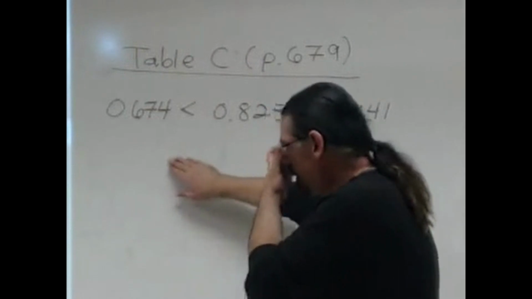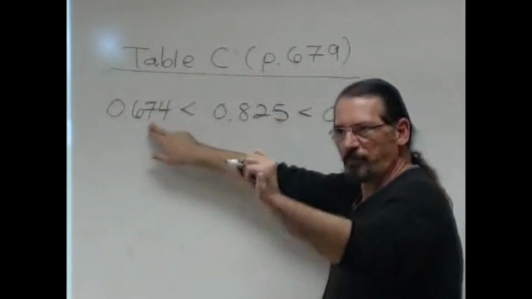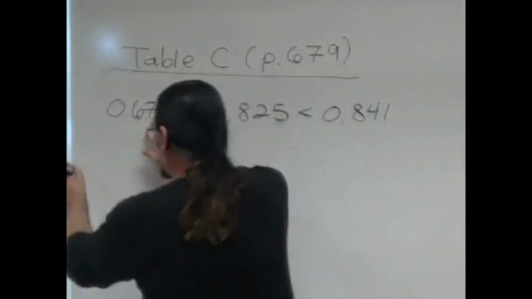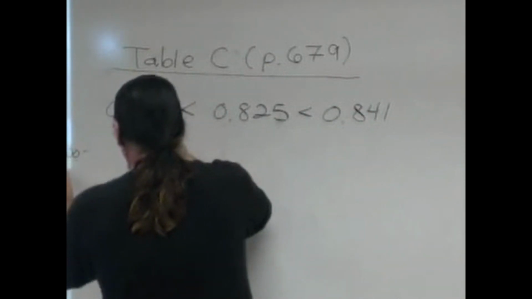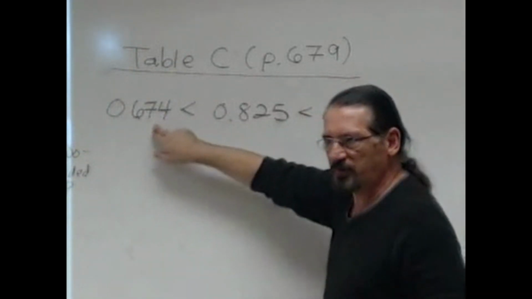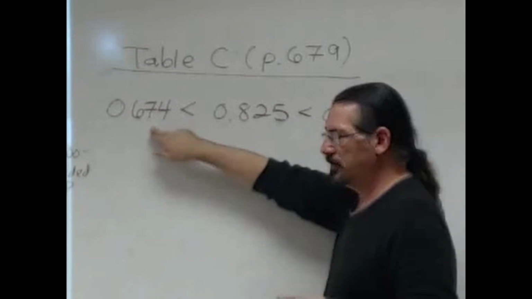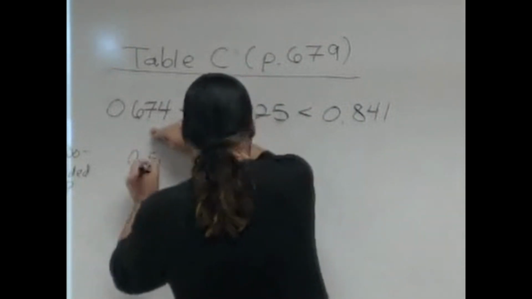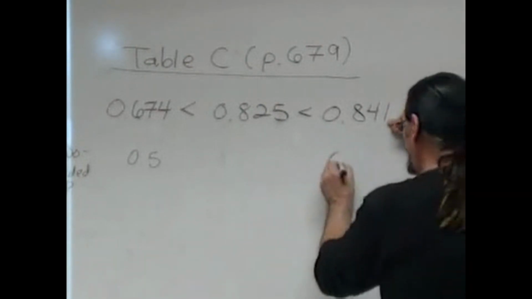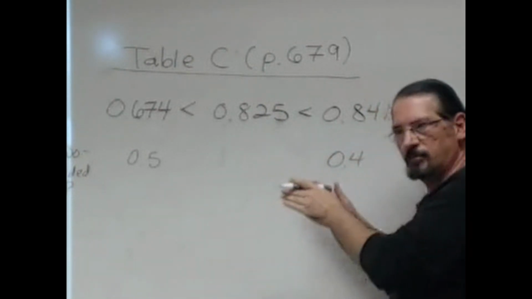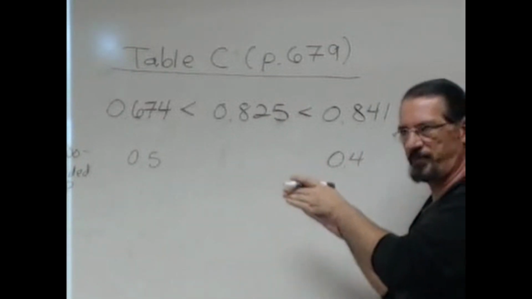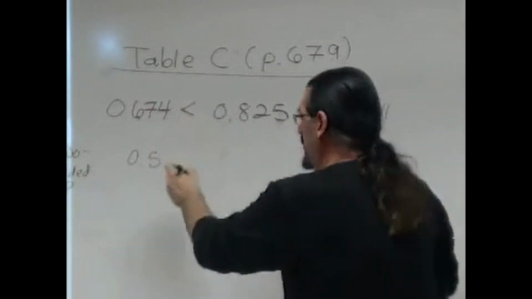So real quick here, in the two-sided P row, what's the value that's below 0.674? 0.5? Okay. And what's below 0.841? 0.4? Which one's bigger? 0.5 or 0.4? 0.5. So notice the direction change.